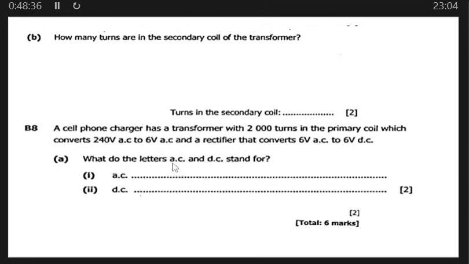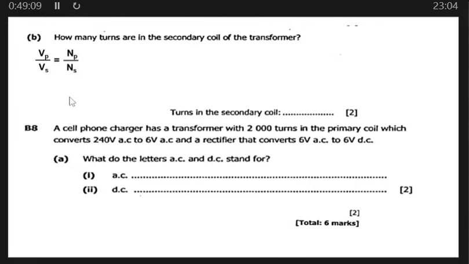So for us to be able to calculate the number of turns in the secondary transformer, we must know the transformer equation, which says the voltage in the primary coil, this V stands for voltage, P stands for primary coil, divided by the voltage in the secondary coil is equal to the number of turns in the primary coil divided by the number of turns in the secondary coil.